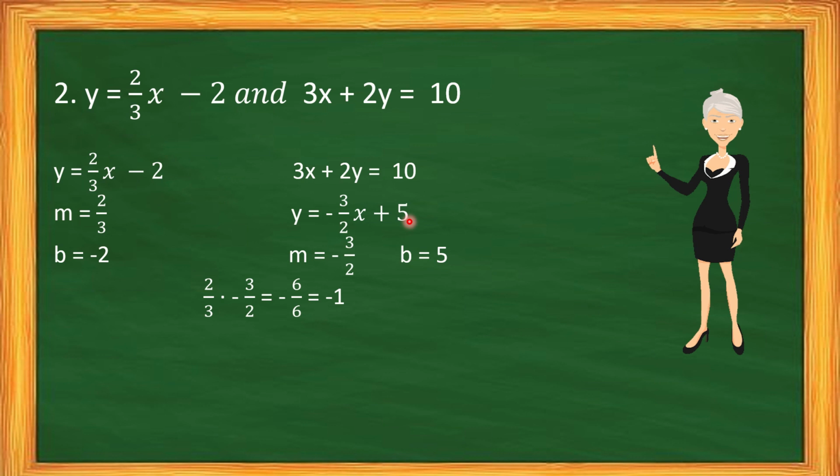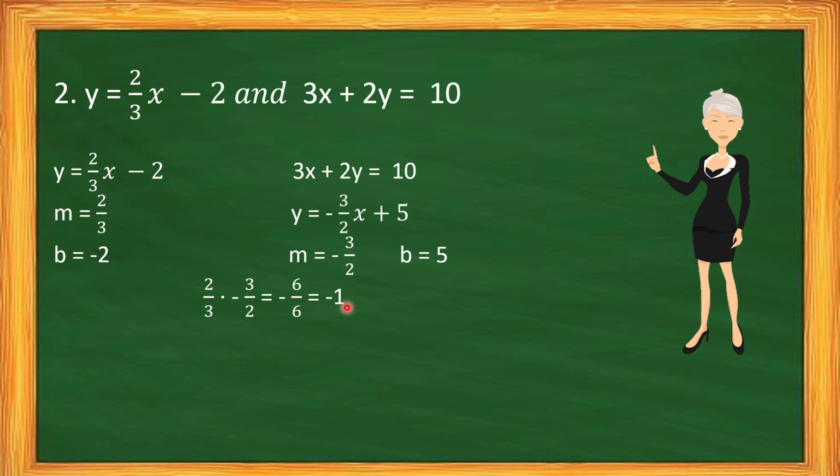So let us analyze now the slopes and the y-intercept. So as you can notice, so yung 3 over 2, so reciprocal siya ng 2 over 3, kabaliktaran. Therefore, negative 3 over 2 is the negative reciprocal of 2 thirds. Let us multiply. If the product is negative 1, so 2 thirds times negative 3 over 2 is negative 6 over 6 or negative 1.